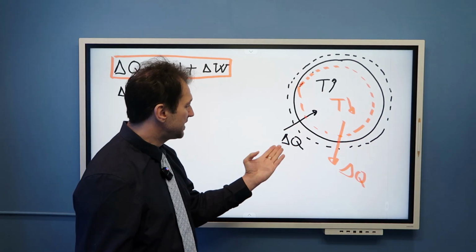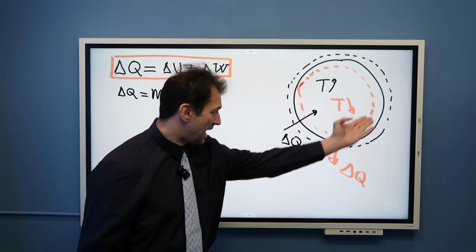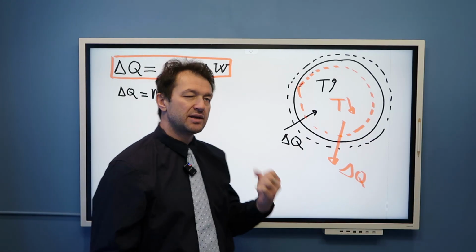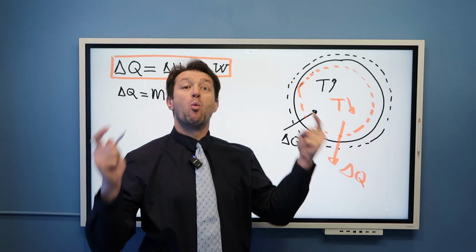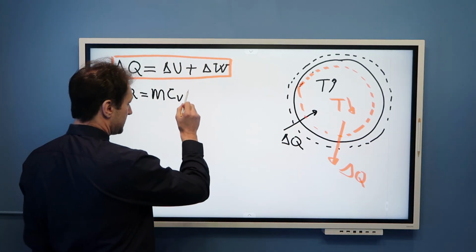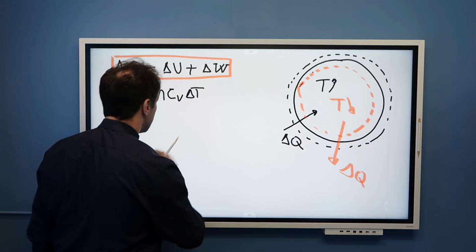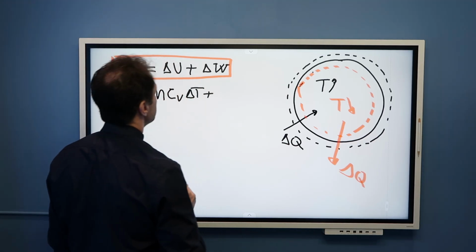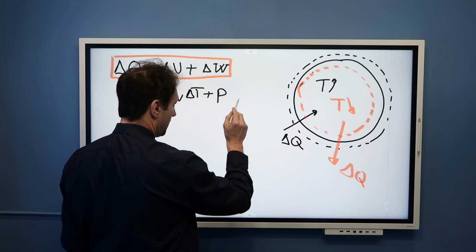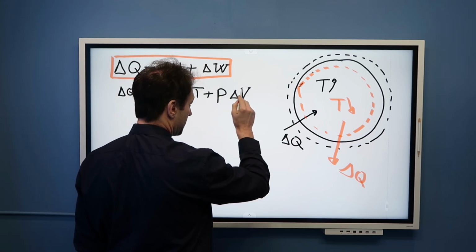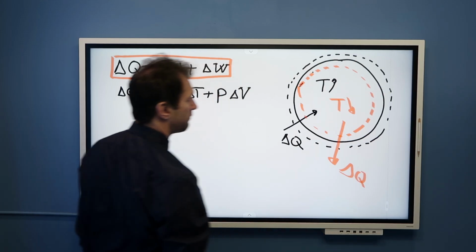That's the amount of heat we need to supply to this parcel of air to increase temperature by 1 degree Celsius or 1 Kelvin while keeping volume V constant, times the change of temperature delta T. This is the internal energy. And work is pressure P times the change of volume delta V, capital V, and that's this change of volume I indicated here.